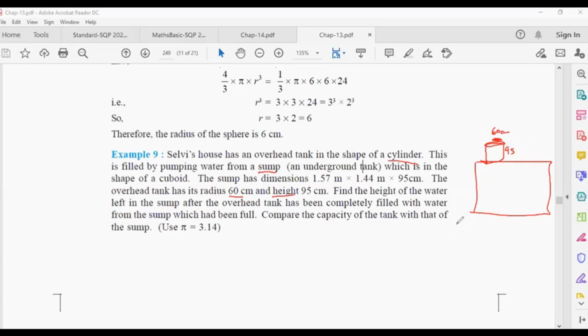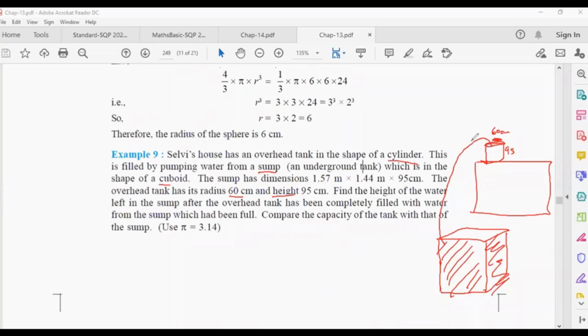So suppose there is an underground sump here in the shape of a cuboid. In the beginning the sump is full of water, and from this sump we pump water into the cylinder.